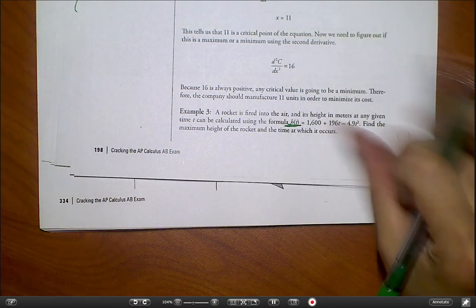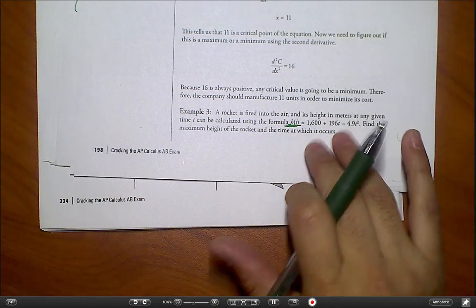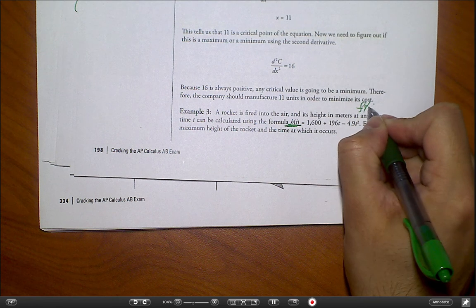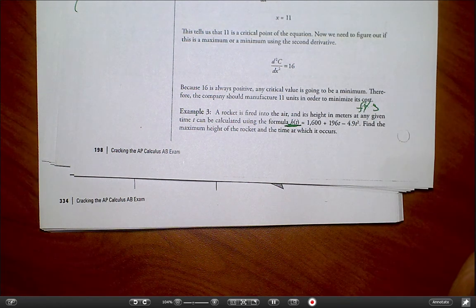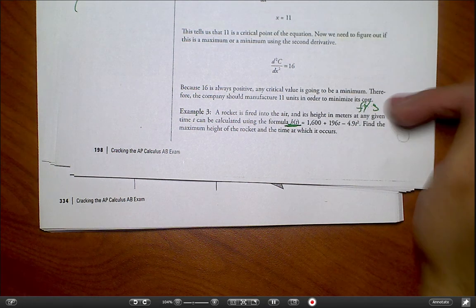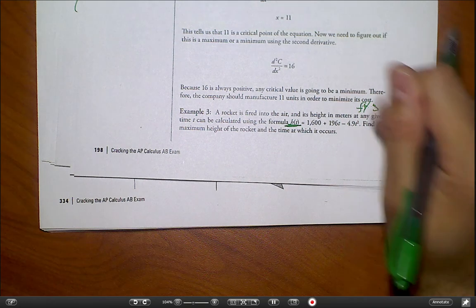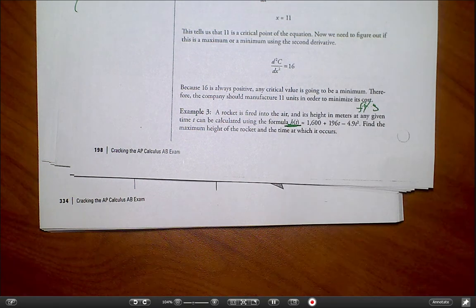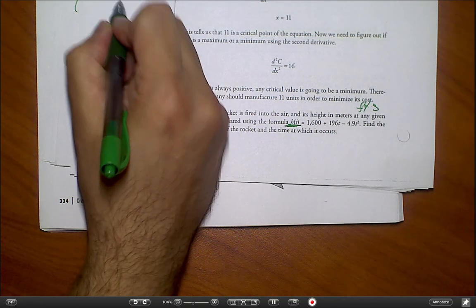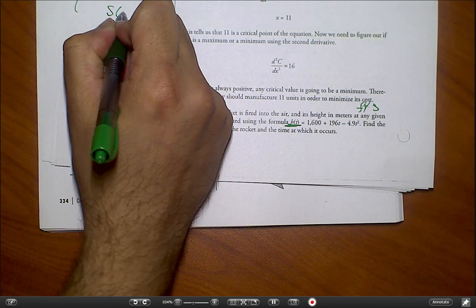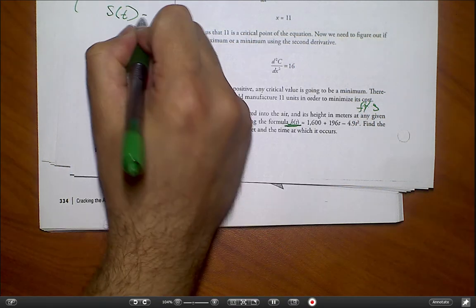That's super important to understand, because if you see something that says feet per minute or second, that means it's going to be a velocity, my first derivative. That means it's something different. So this is position, down here in my hierarchy. It's s of t, which is my position.